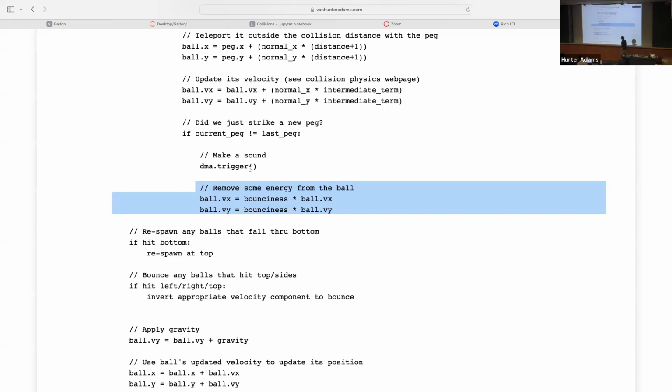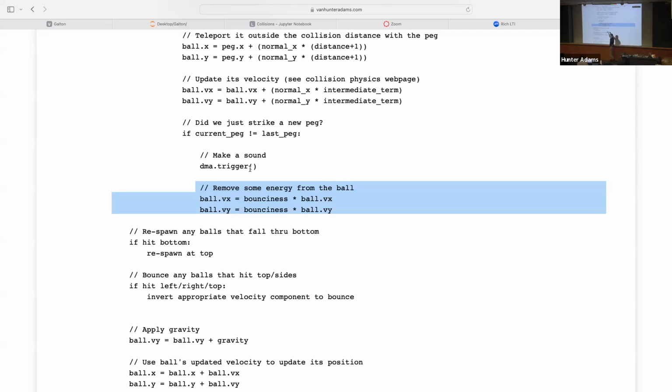And so, in fact, when a ball strikes a peg, the energy that it loses as a consequence of that strike is almost all in the normal direction. It loses energy along the line that connects the center of the peg to the center of the ball. And it loses very little energy in the parallel direction.